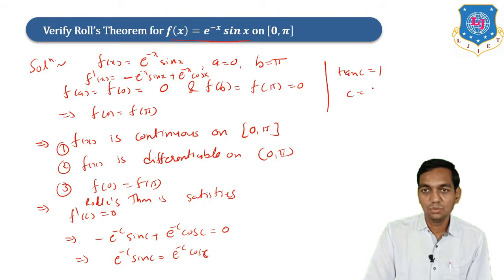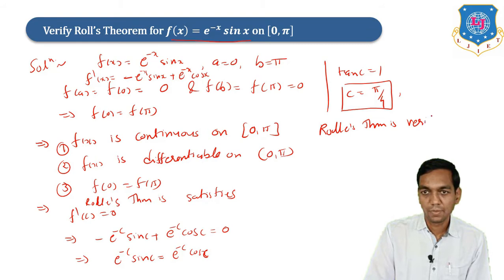So c is equal to pi by 4. Correct? And that means your Rolle's theorem is verified. Verification means we required one point c for which your function's derivative is 0.